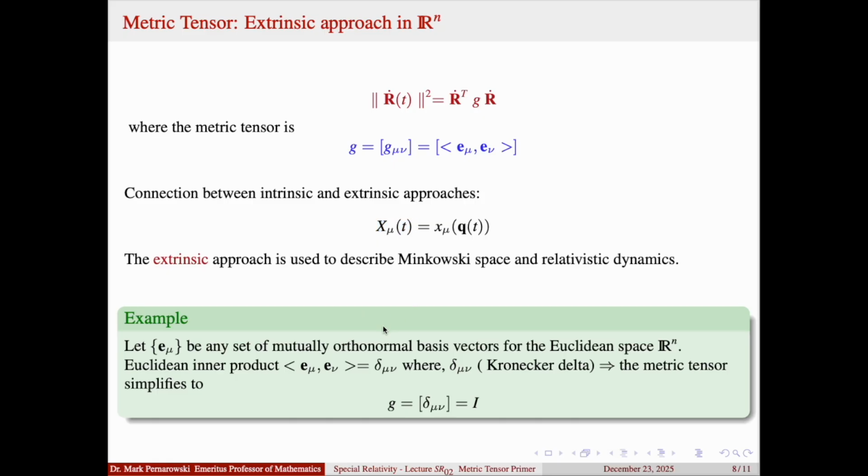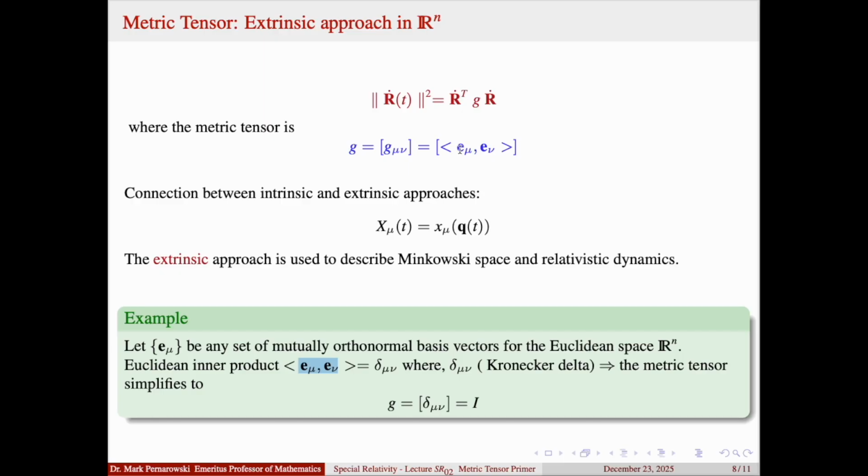A really simple example of the extrinsic approach: take any basis that's mutually orthonormal in the Euclidean space Rn, and take all of the inner products of these basis vectors. I can take all different kinds of combinations.